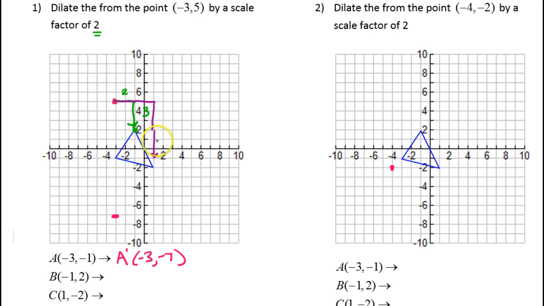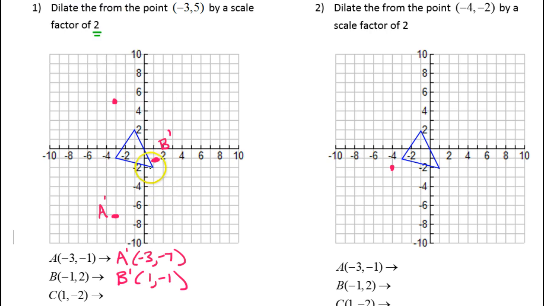So B prime should end up right here. So there was A prime, and then this is B prime. So B prime is at 1, -1. So let's record that. B prime is at 1, -1. Again, I'm just going to erase my old guidelines so you can more clearly see what I'm doing.